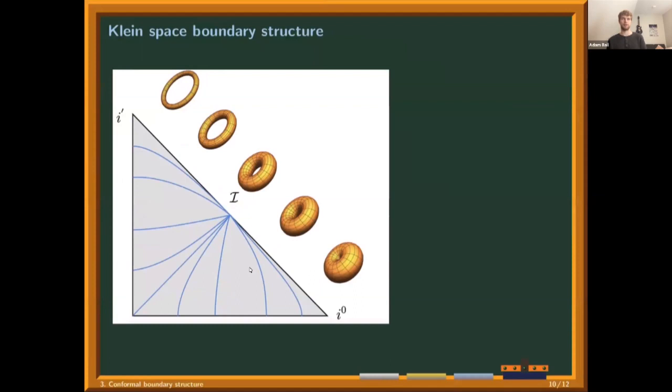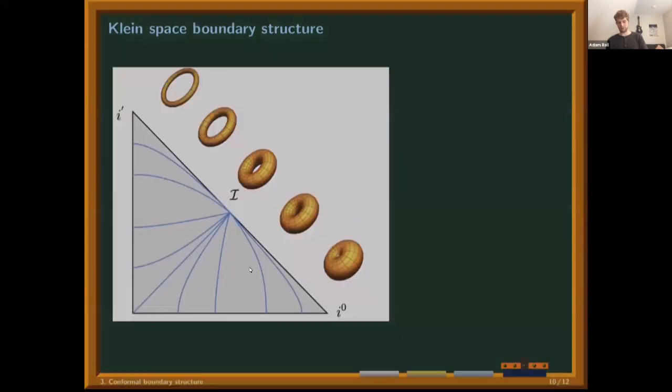You've got a family of tori with, at one end, one of the cycles shrinking, and then coming to the other end, the other cycle shrinking. So the total space from gluing these boundaries together is some closed 3-dimensional space with no non-trivial cycles.